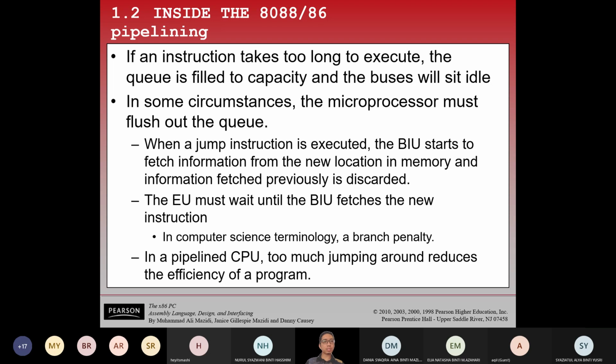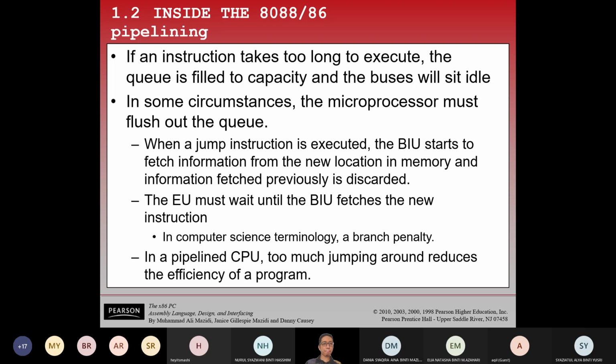When a jump instruction is executed, the BIU starts to fetch information from a new location in the memory, and the information fetched previously is discarded. So how do you flush the queue? The queue can be flushed by using a jump instruction.